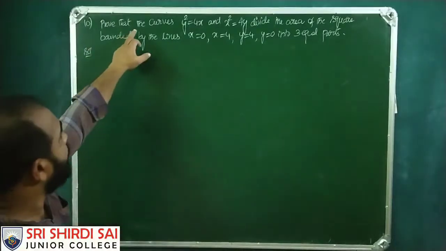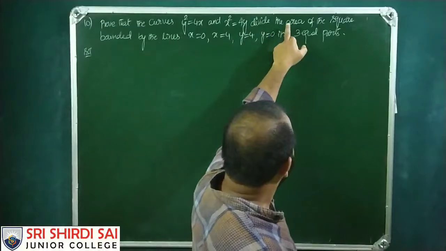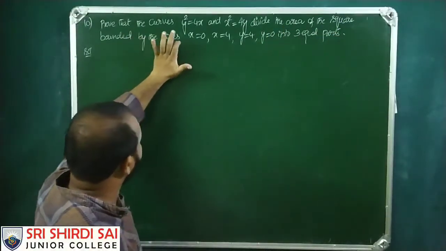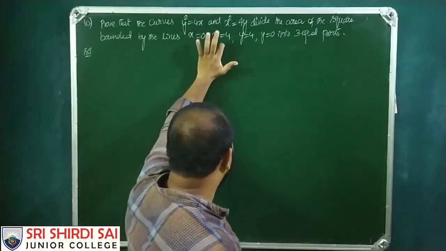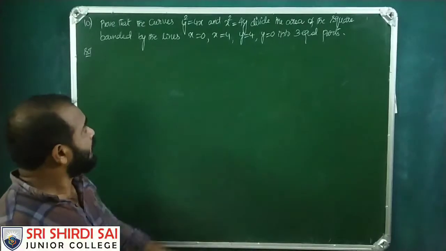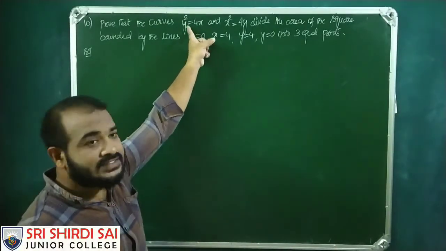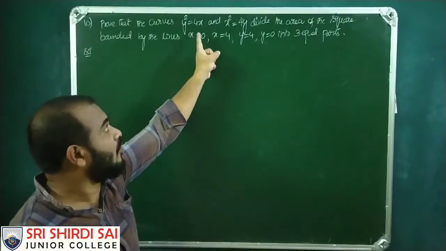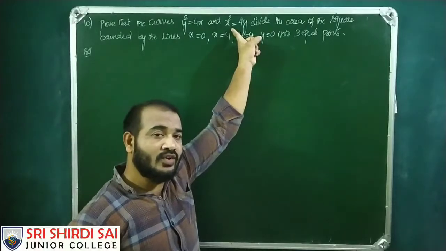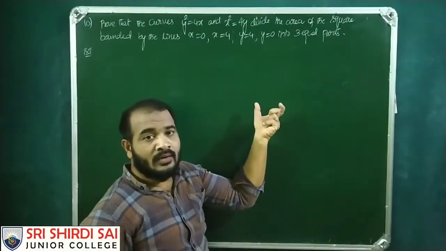So prove that the curves y square equals to 4x, x square equals to 4y, divide the area of the square bounded by the lines x equals to 0, x equals to 4, y equals to 4, y equals to 0 into 3 equal parts. That means y square equals to 4x is the parabola, which is a standard form of the parabola whose vertex is at the origin. It is also standard form of the parabola whose vertex is at the origin and x power even, symmetric about y axis, that is positive axis.